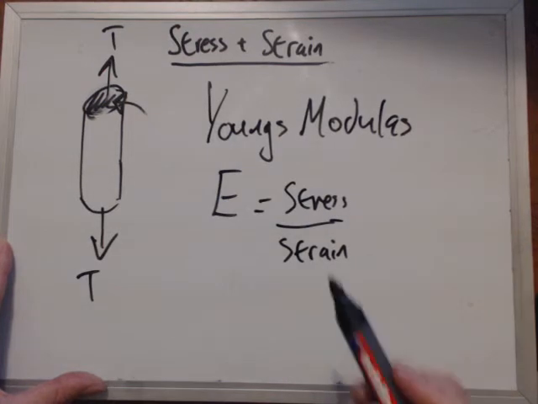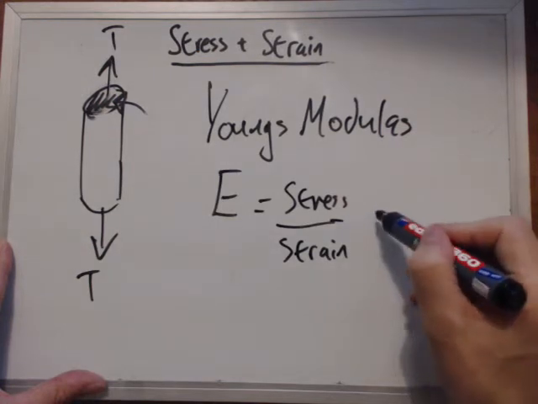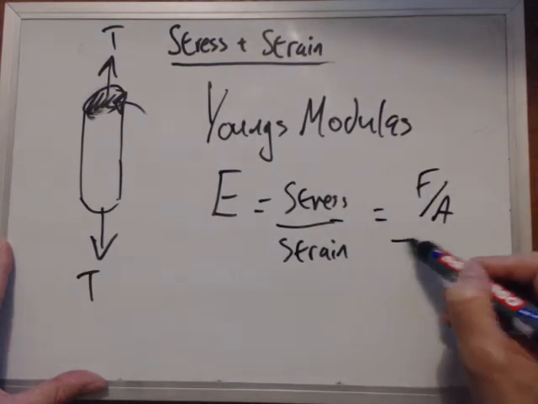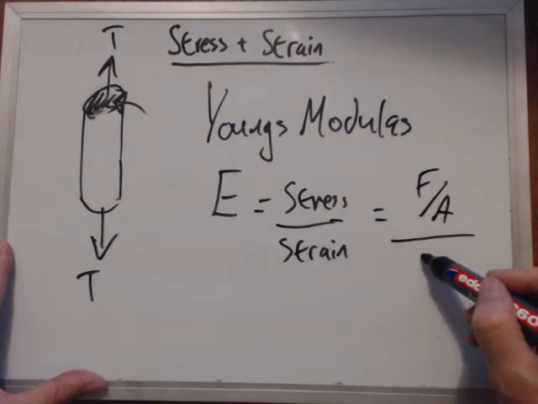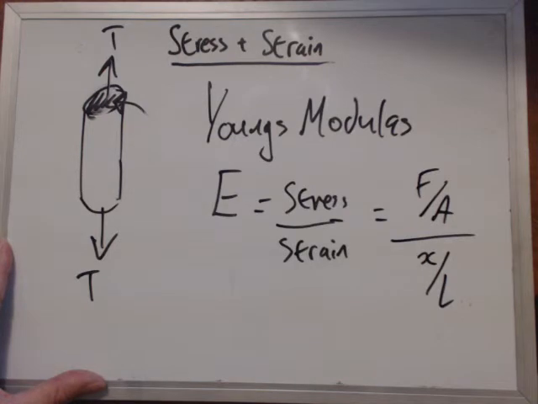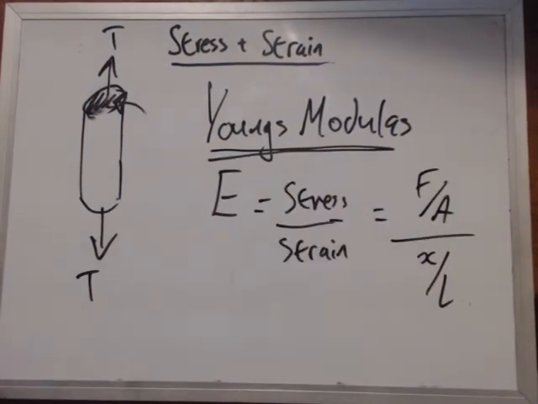So for copper, we'll have a particular value of Young's modulus, steel will have a particular value for Young's modulus. So that's stress over strain, which equals force over area, all divided by the extension divided by the original length. So each material will have a different value for Young's modulus, and it would apply equally to compressive and tensile forces.